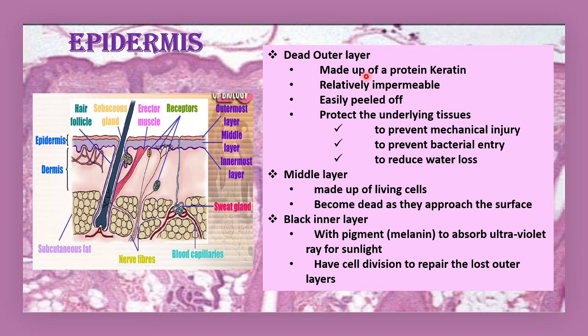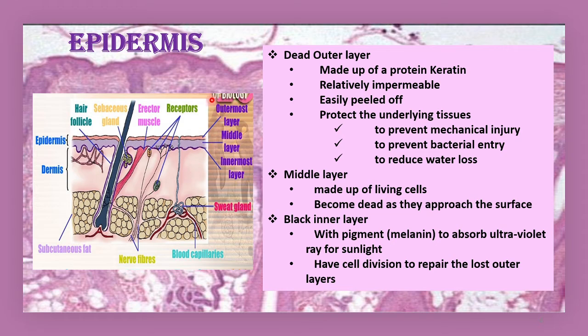These keratinocyte cells secrete a protein called keratin, and they originate from the basal layer of the epidermis and migrate outward.